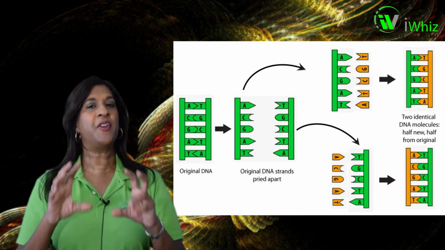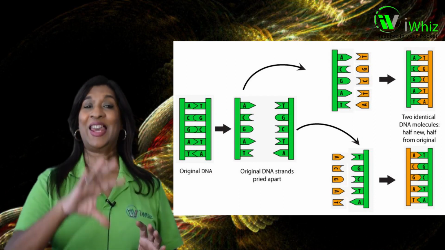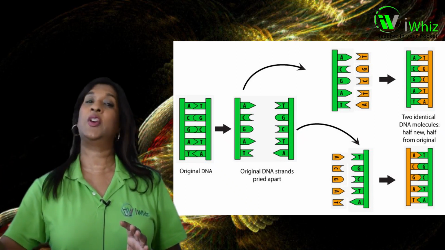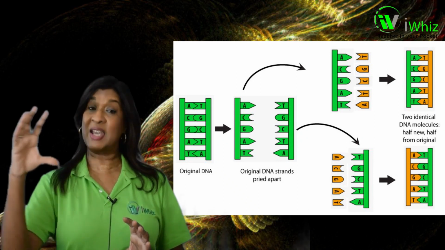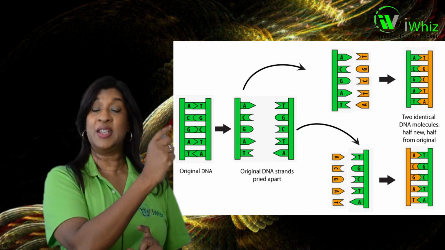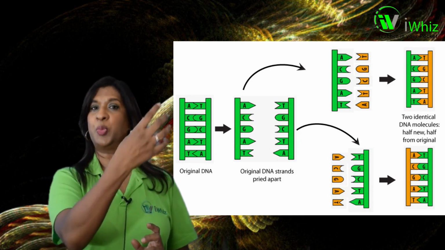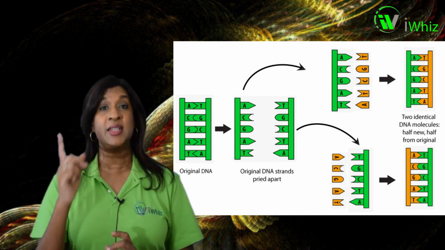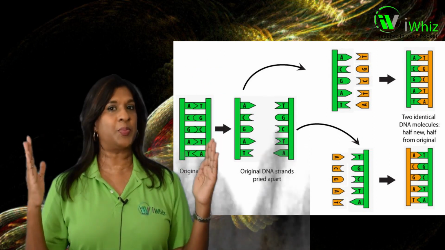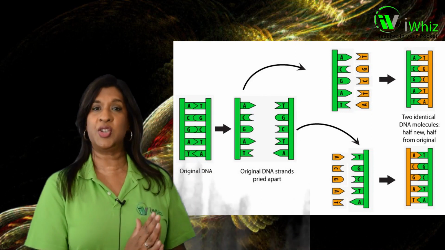So you can see your two original strands in green, and notice those little orange structures, and you will recognize the names of the nucleotides on them. So you have free nucleotides that are in your nucleoplasm. And these free nucleotides will become attached to complementary nucleotides on the DNA template. And this process continues until you've built an entirely new strand, and that becomes bonded to the original strand.